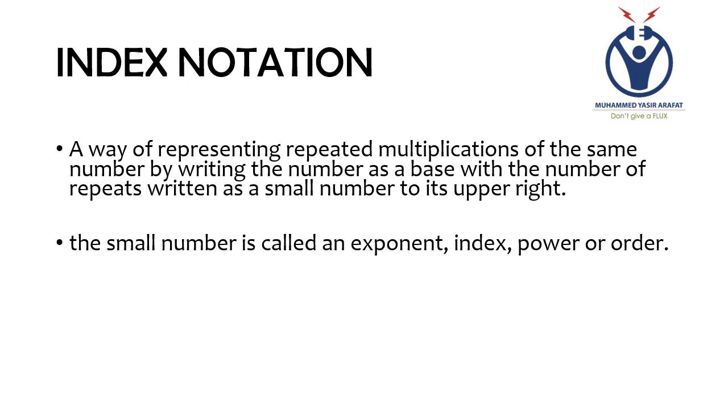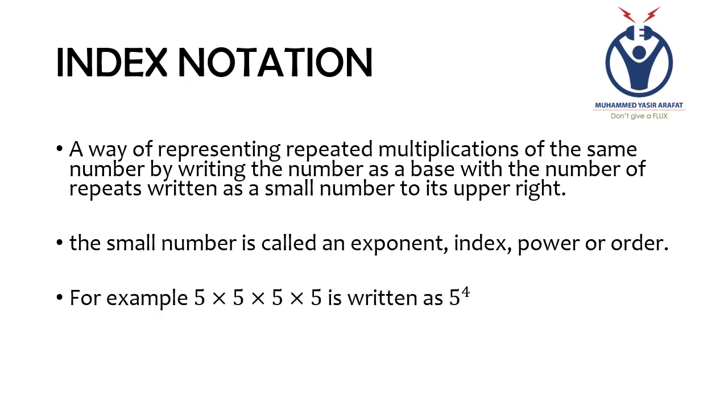That small number is called an exponent, index, power or order. For example, if you multiply 5 with itself 4 times, it can be written as 5 power 4.